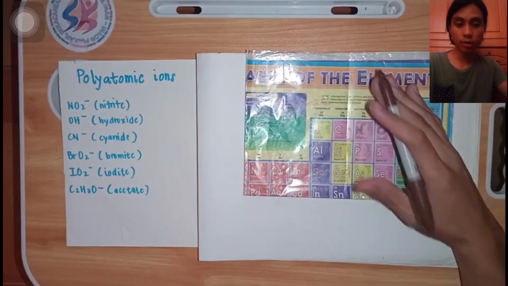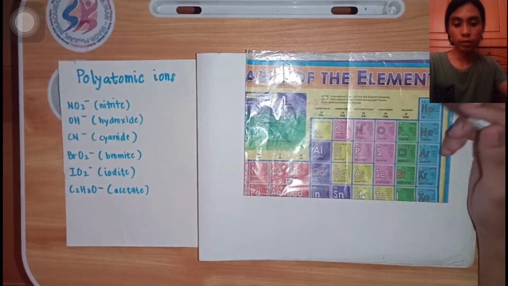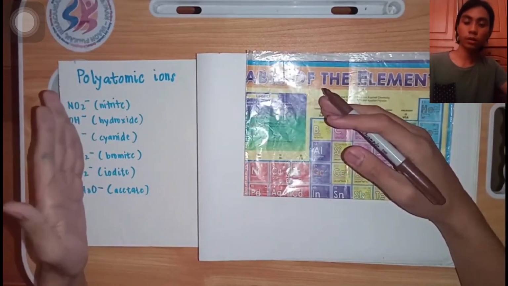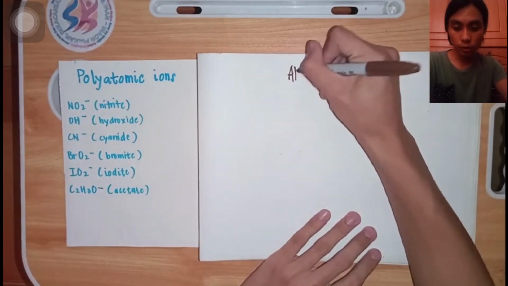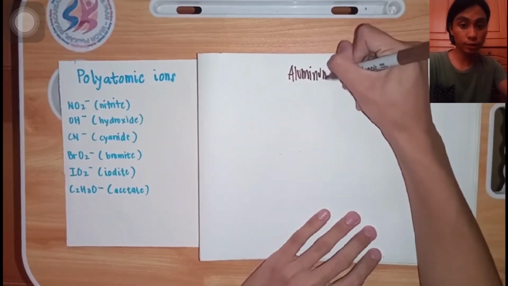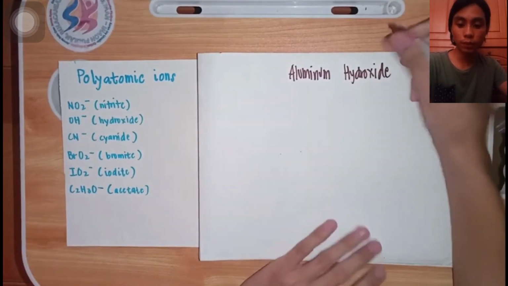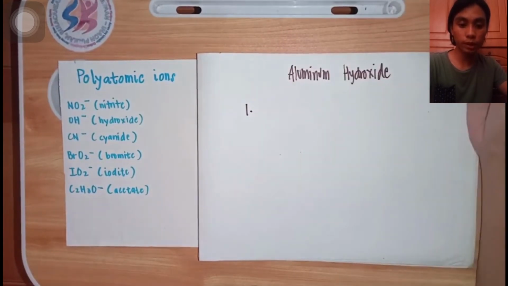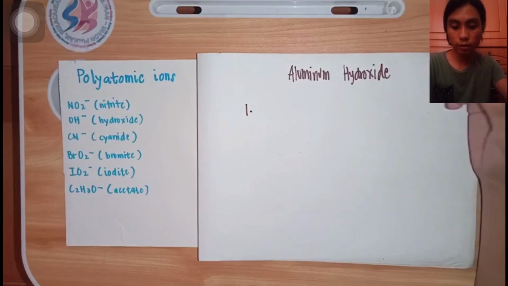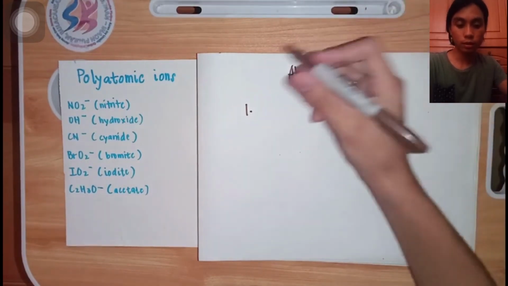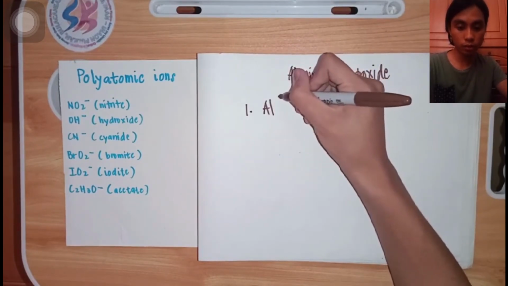In this video, I will teach you how to write a formula of a polyatomic ion, and we need the periodic table and the polyatomic ion list. So let's try this example: aluminum hydroxide. For the first step, we need to find the charge and the symbol of aluminum and hydroxide. For aluminum, it's Al and the charge is 3 plus, while the hydroxide is OH and the charge is 1 minus.